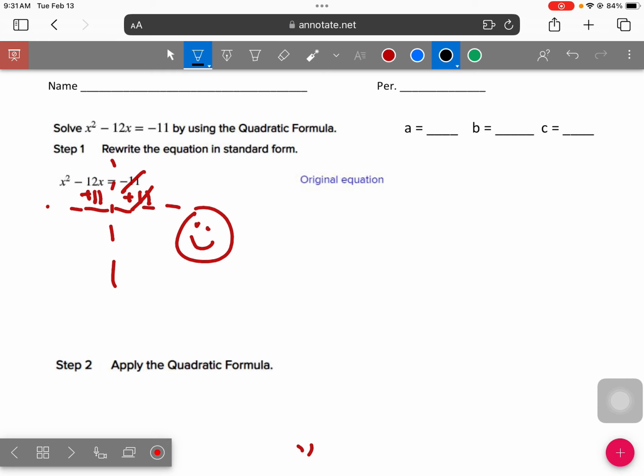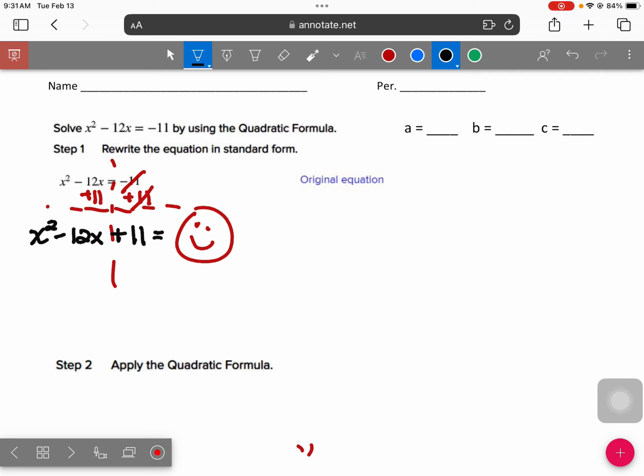And over on the left, I have x squared. Can I combine -12x and 11? No, those are not like terms. So x squared -12x plus 11 equals 0. Okay, there it is in standard form.